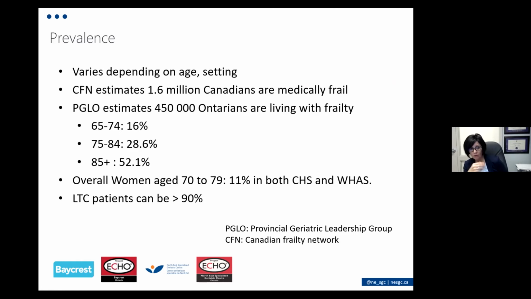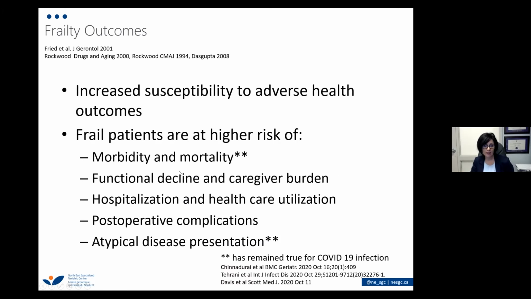And so those are the prevalences, again, going up with age, but just to draw your attention that this still means that 50% of people over the age of 80 are not frail, just to look at it as a glass half full. It does depend on age and setting. And so up to 90% or so of people in long-term care would be considered frail by definition.